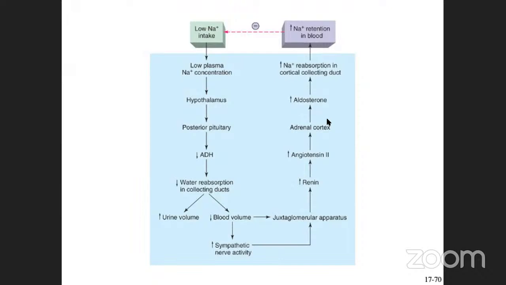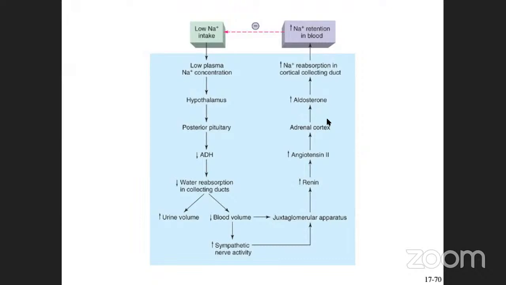And low blood volume, again, as I mentioned earlier in the RAS system, can be detected by the sympathetic nerve activity. This is the fight or flight response. This is important for your body to detect any changes in the blood volume. If not, you will die. So this has been detected by the central nervous system, particularly the sympathetic nervous system or the fight or flight system. It will be activated and can be sensed by the juxtaglomerular apparatus of the kidney.